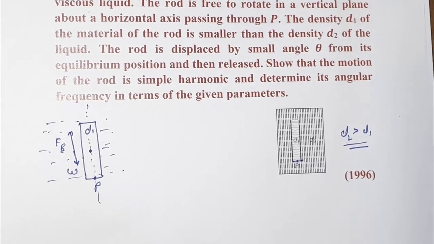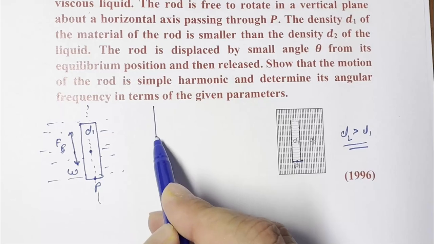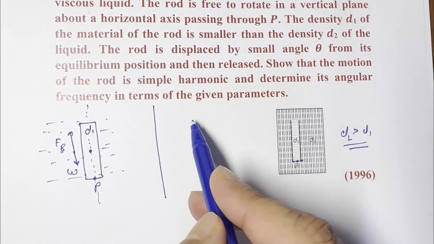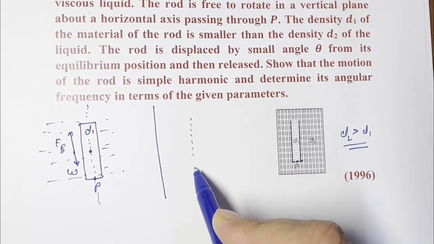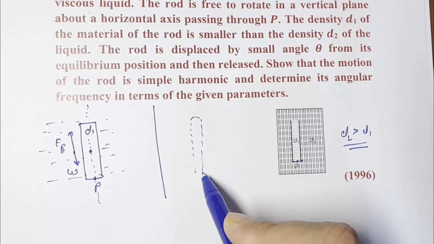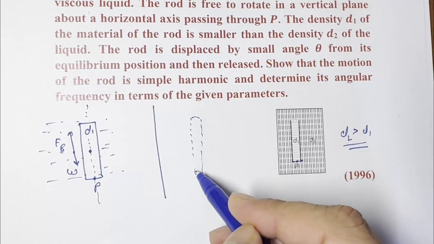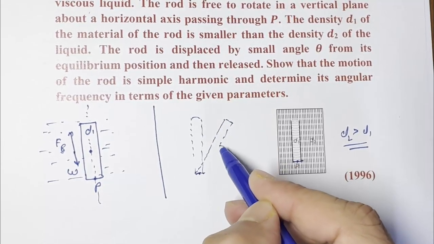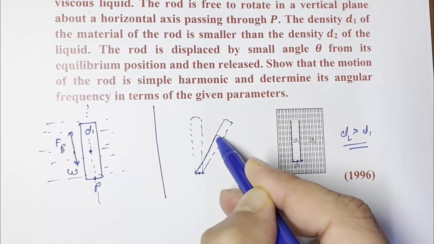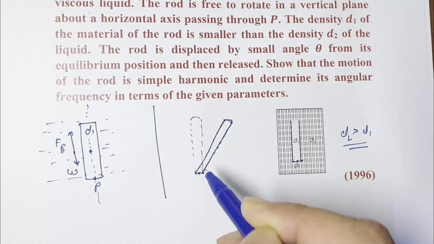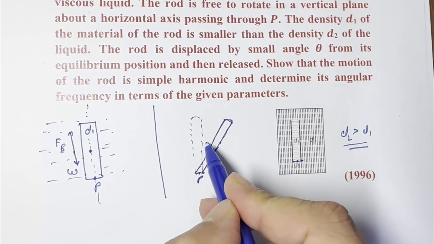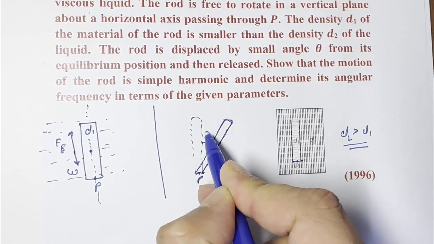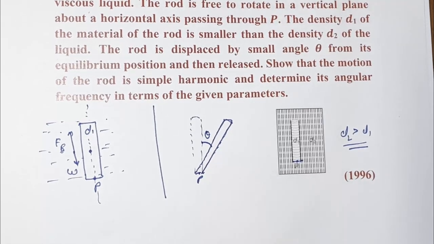So this is the initial condition, and there is a final condition in which the rod is pivoted about this point P and making a small angle. So this is the final position of the rod after pivoting about point P, making the angle theta with the vertical.